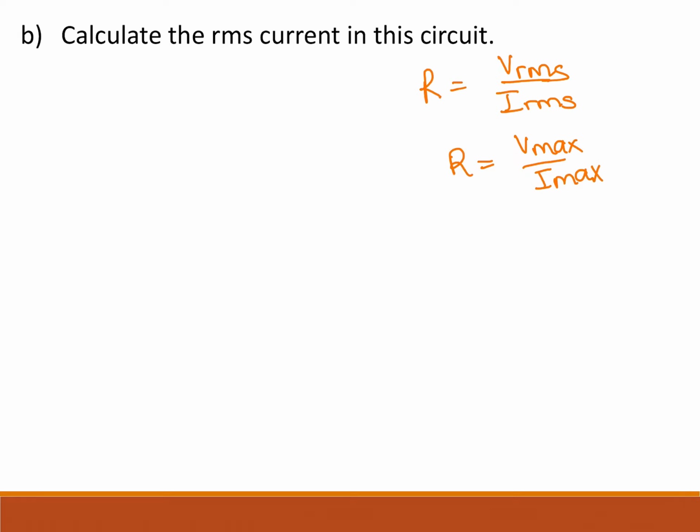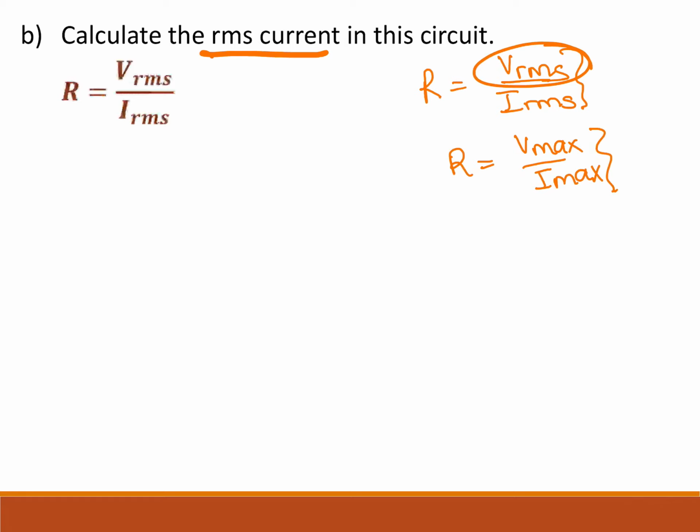But you can't use an RMS value and a maximum value with resistance together. Okay, so either you use 2 RMS values or you use 2 maximum values. Now they want the RMS current. I know VRMS, we were given that. So I'm going to use R equals VRMS over IRMS. Gives me IRMS. Okay? Straightforward.